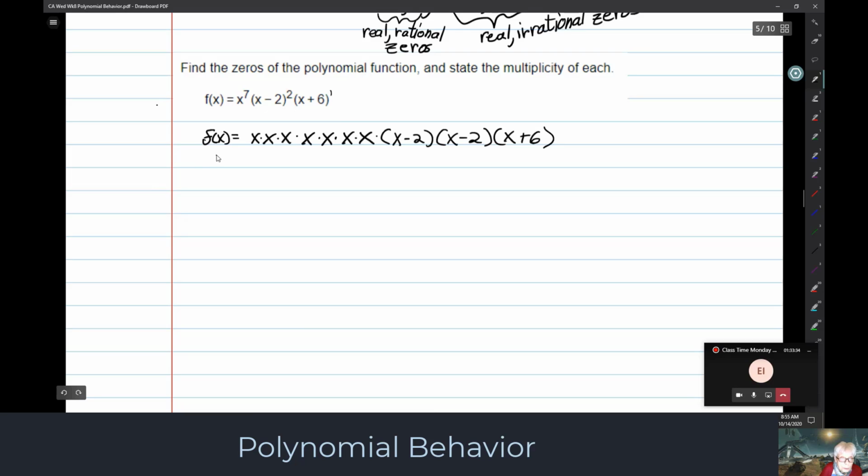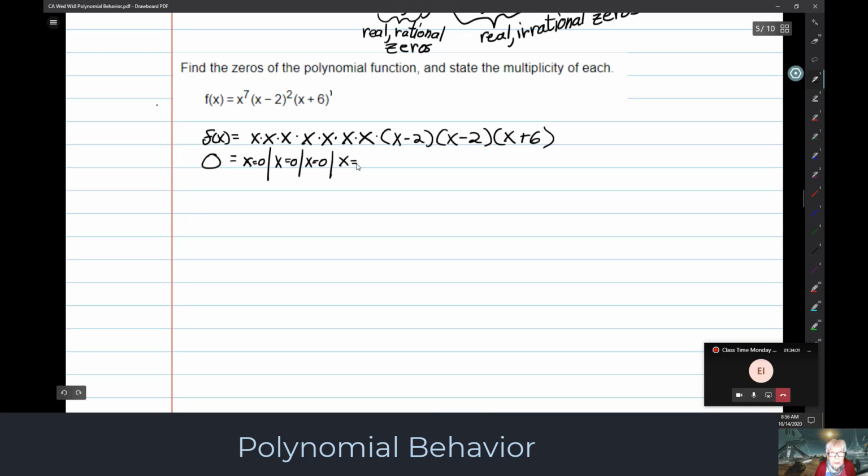Now to find the zeros, we set f of x equal to 0, and this is in factored form. We set each factor equal to 0. So I will have x equals 0, x equals 0, x equals 0. All the x's are separate factors.